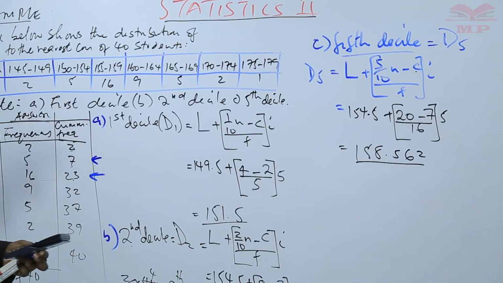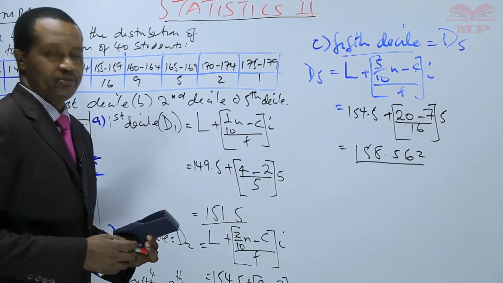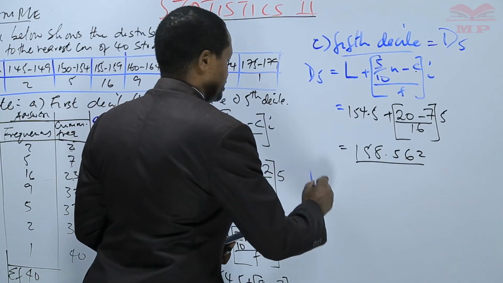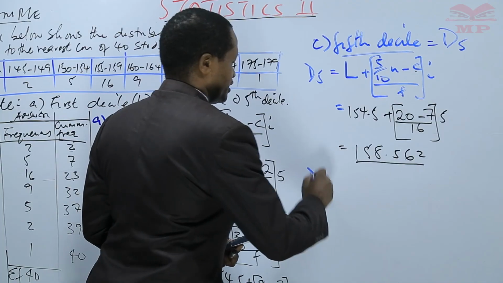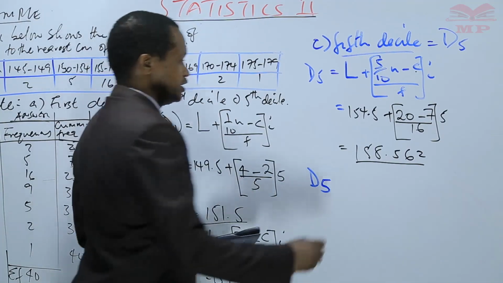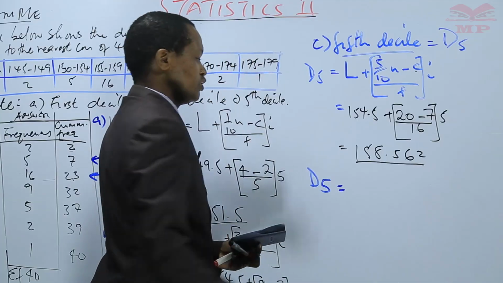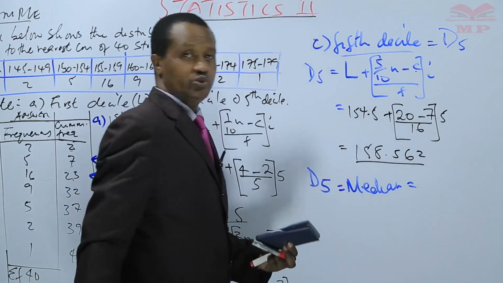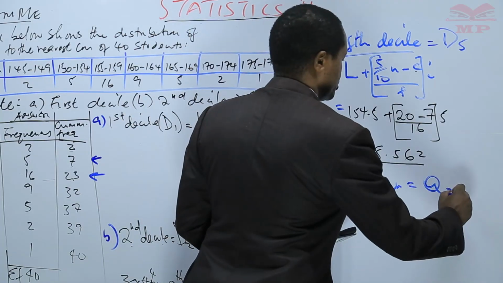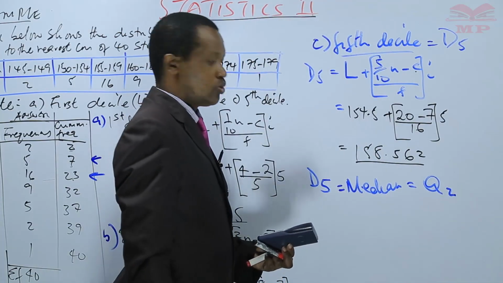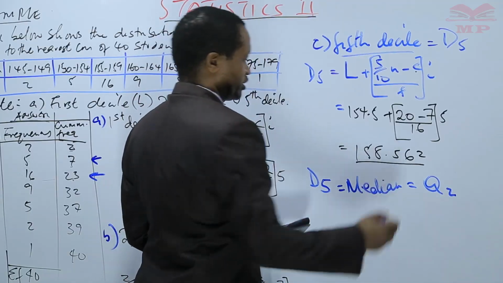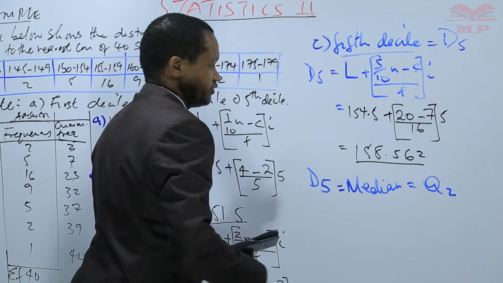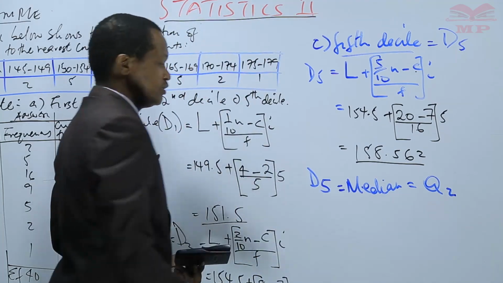Learners, you remember I said that the fifth decile, D5, when I introduced it, is equal to the median, which is equal to Q2, the second quartile. Let us prove it, because so far we know the formula for the median.